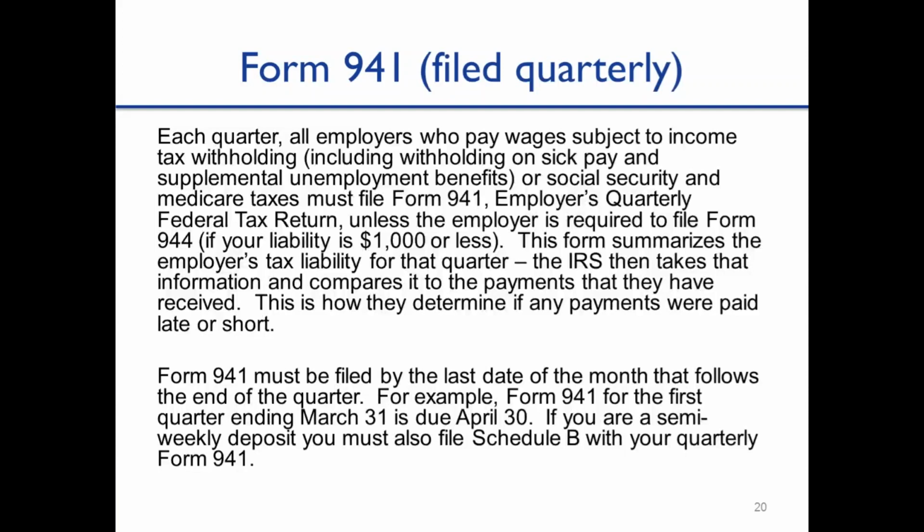And again, if you have paid late or paid short, they may issue you a penalty. So Form 941s are due at the last day of the month that follows the end of the quarter. So as of today, your 941 is due for the third quarter because the third quarter ended on 9/30 and it is now 10/31.